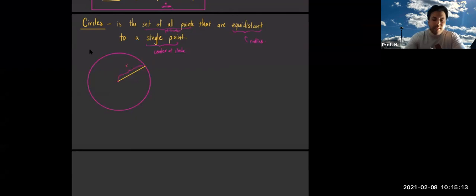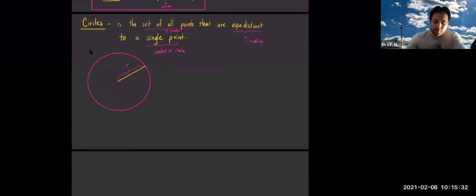And we call that distance the radius. It doesn't matter if it's from the center to the top, to the sides, or down, or angled. All of these distances are always the same. We're going to call that distance the radius.